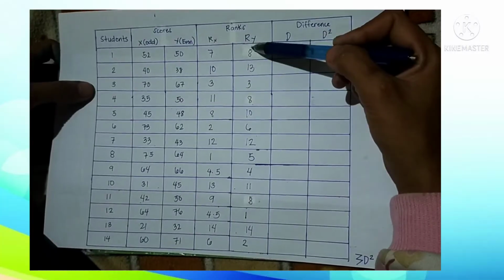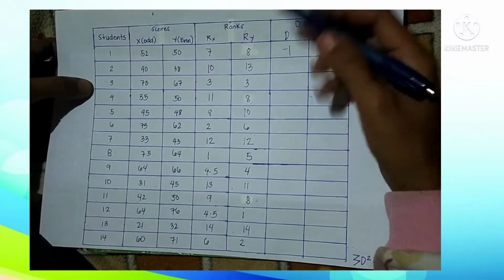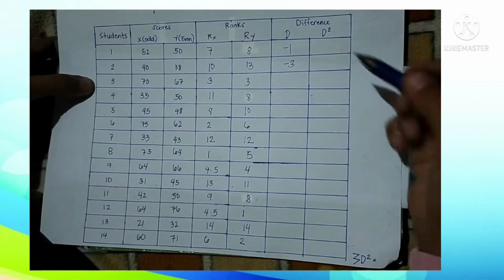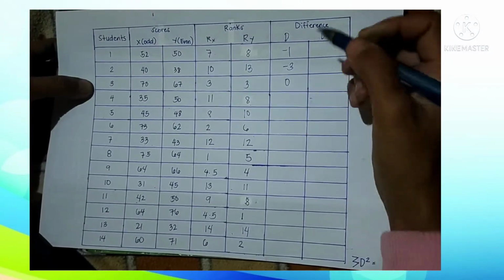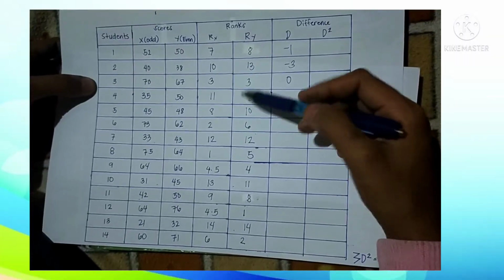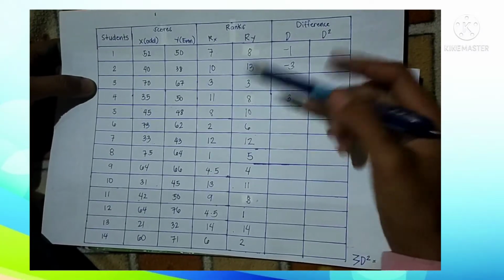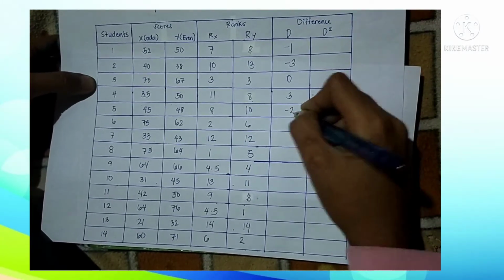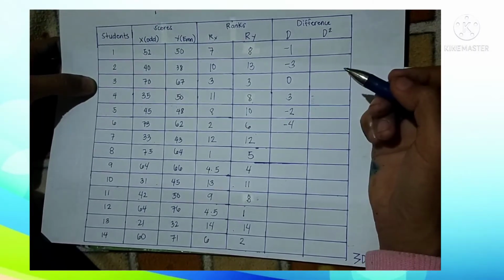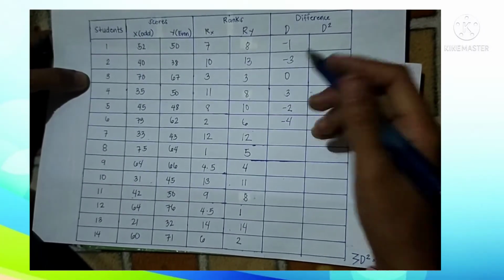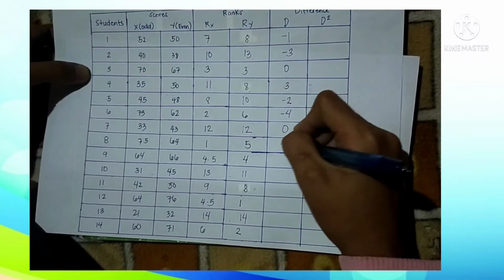So, 7 minus 8 equals negative 1. 10 minus 13 equals negative 3. 3 minus 3 equals 0. 11 minus 8 equals 3. 8 minus 10 equals negative 2. 2 minus 6 equals negative 4. 12 minus 12 equals 0. 1 minus 5 equals negative 4.